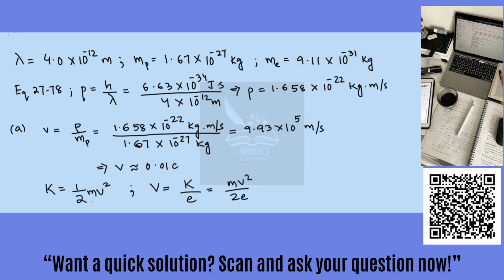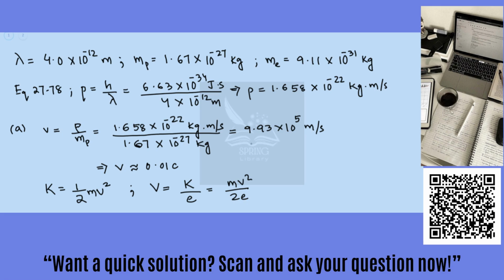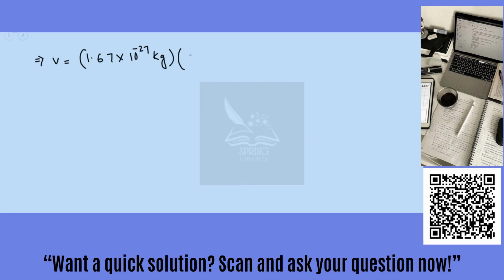So we used the kinetic energy expression from here, and this is then equal to mass, which is 1.67 times 10 to the power minus 27 kg, times the velocity which we found over here, so 9.93 times 10 to the power 5 meter per second, and we take a square, over 2 times the charge of electron.